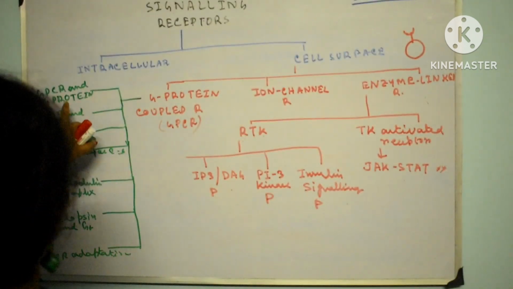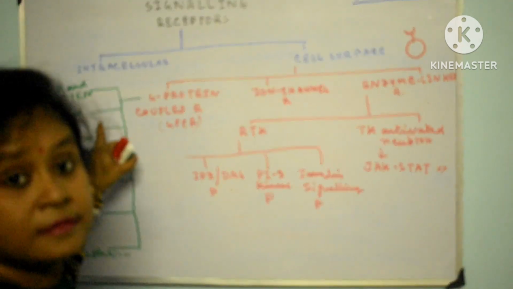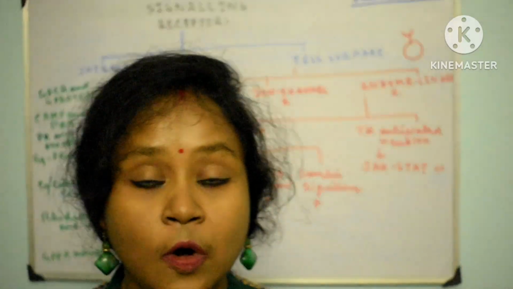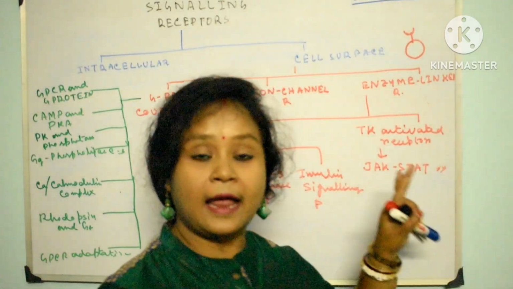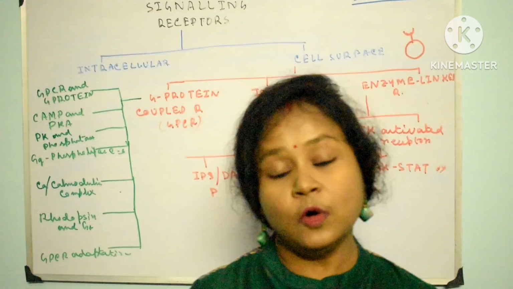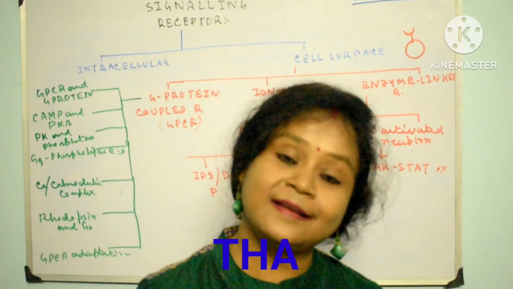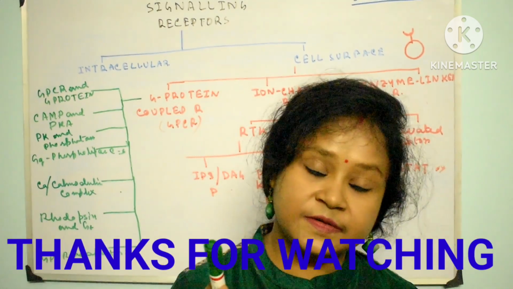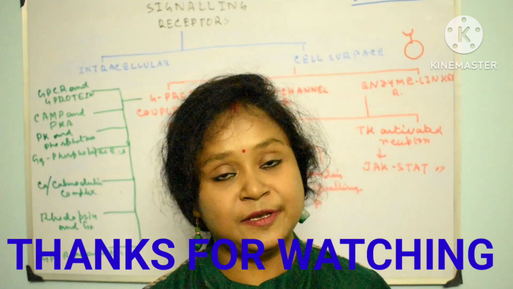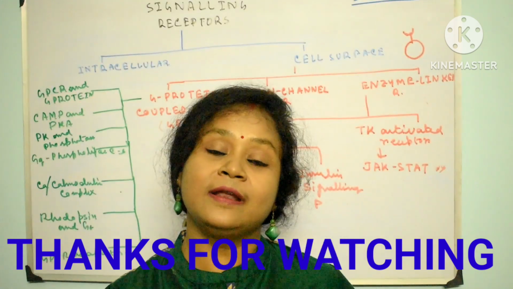So the GPCR is about total 7 types. So these are all in detail about cell surface receptors, all about intracellular receptors and their types, and also types and examples of signaling receptors according to your syllabus.